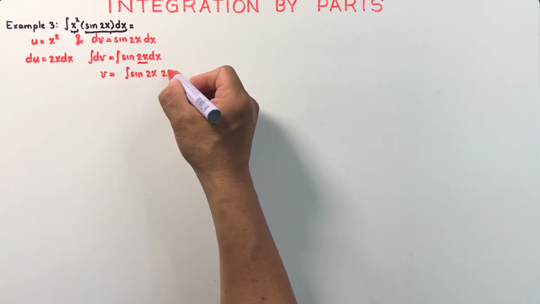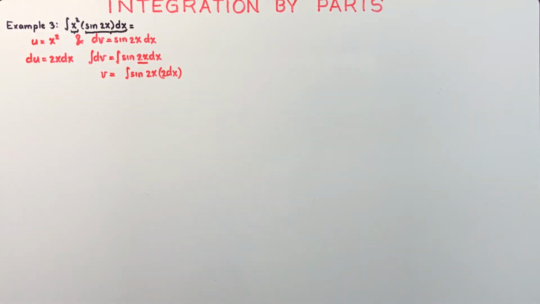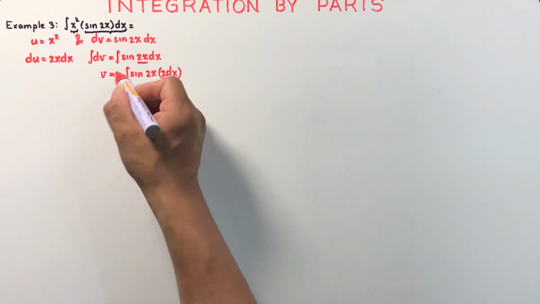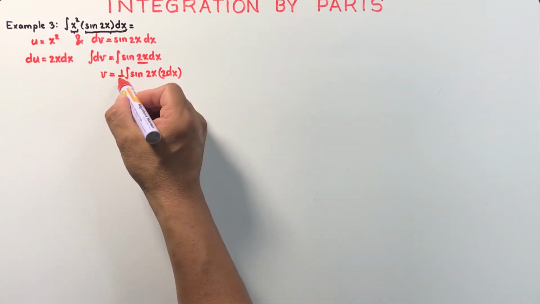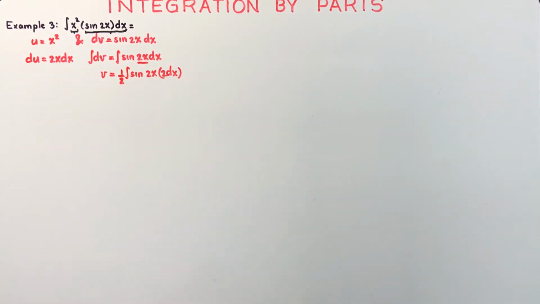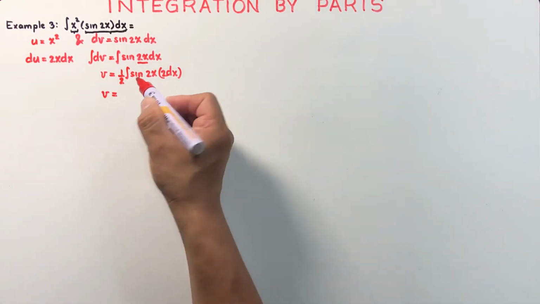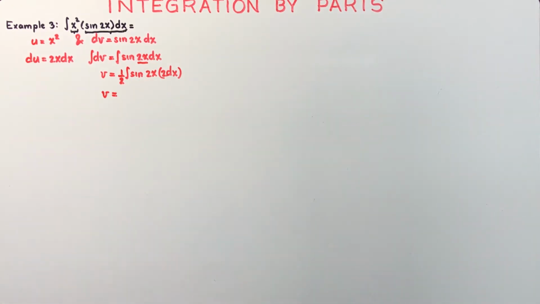So we have 2 dx here. And you might ask a question, where did I get this 2? I get a 2 by multiplying 2 over 2. So I have here 1/2, because 1/2 times 2 is just 2 over 2. And I do this so that I can integrate this sine 2x here.